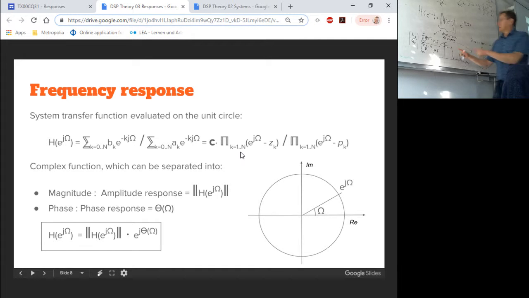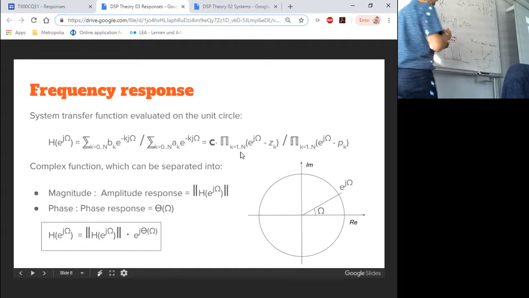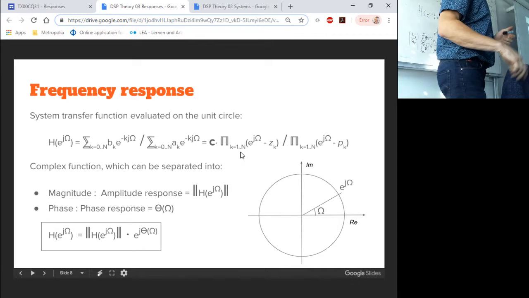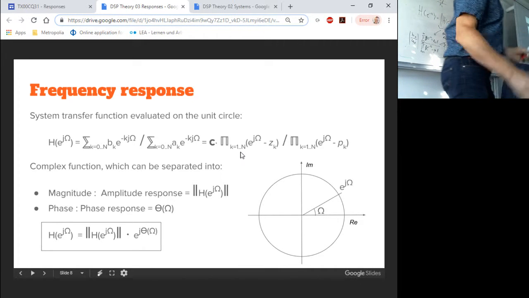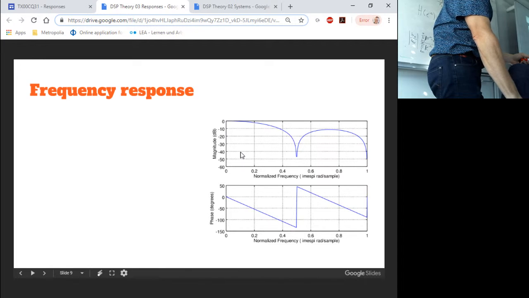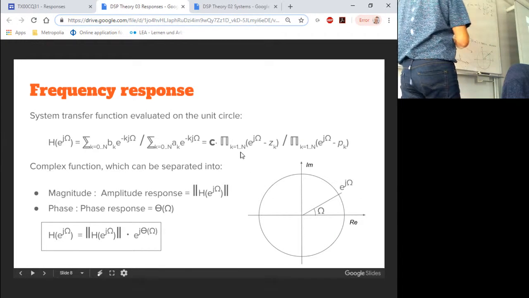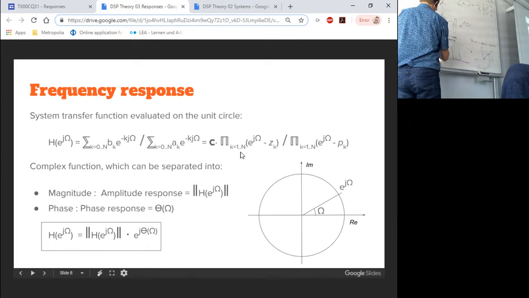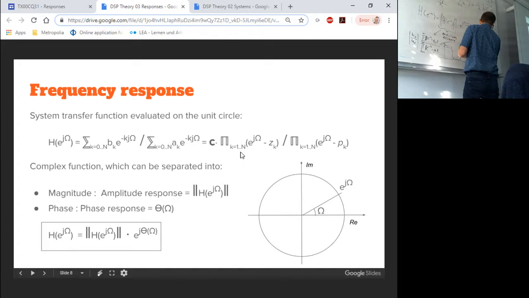So that here is a distance. For example, we have these zeros at those places and a pole, for example here, a triple pole.